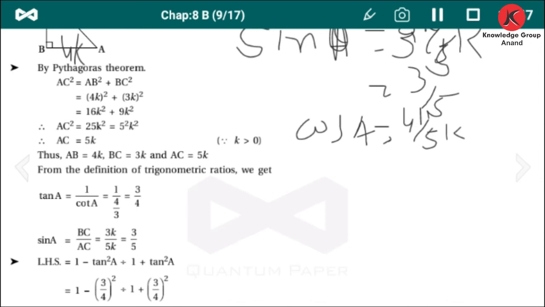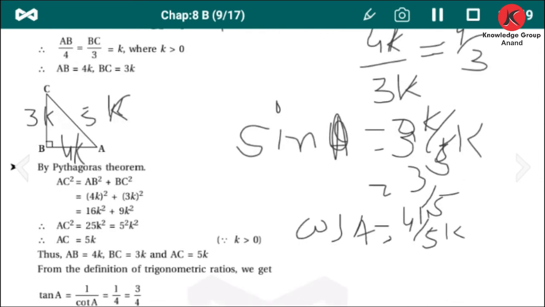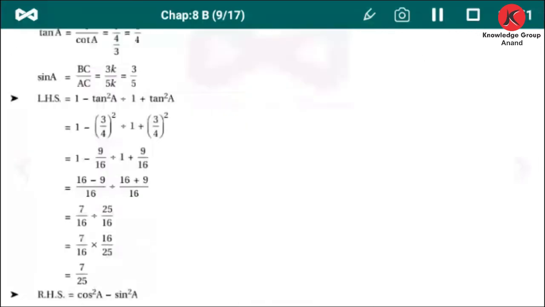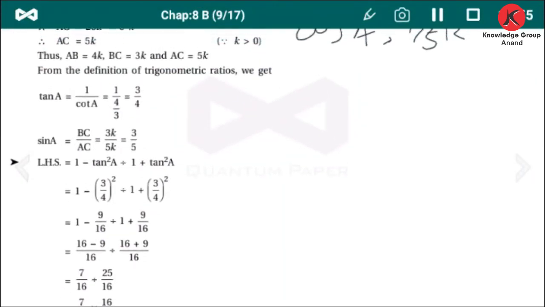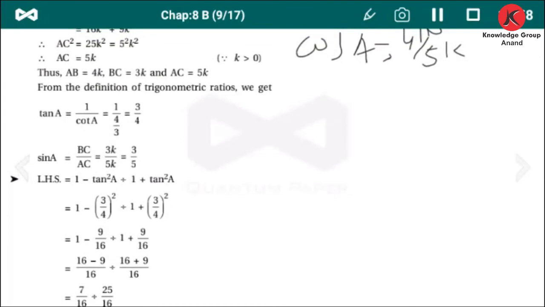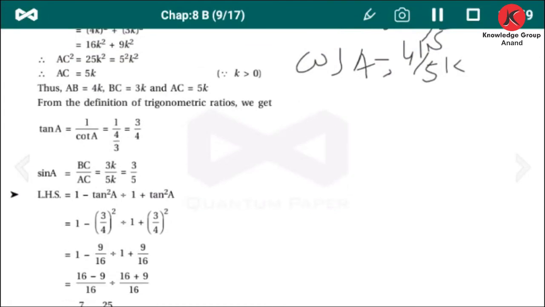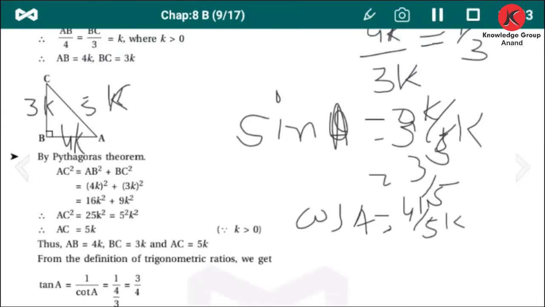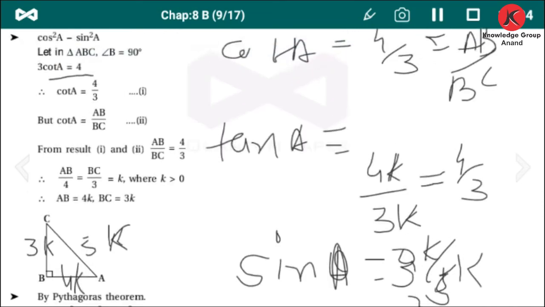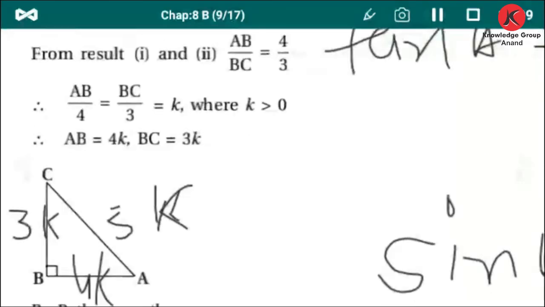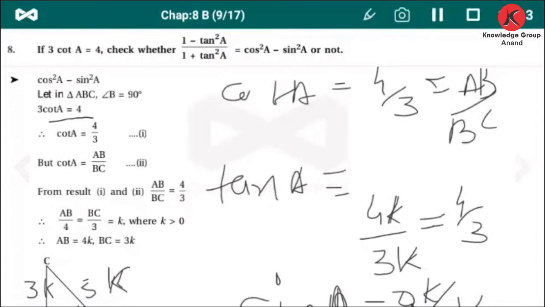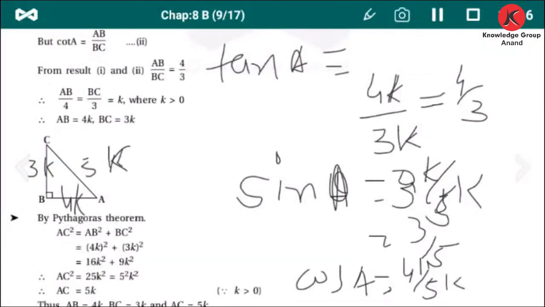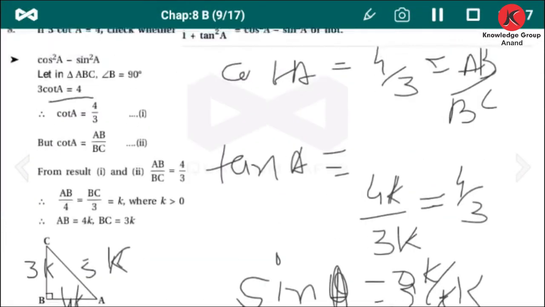Now left hand side, 1 minus tan square A. What is the value of tan A? 4 by 3, then 4 by 3 square. Tan square A divided by 1 plus tan square A. In this question it is wrong.